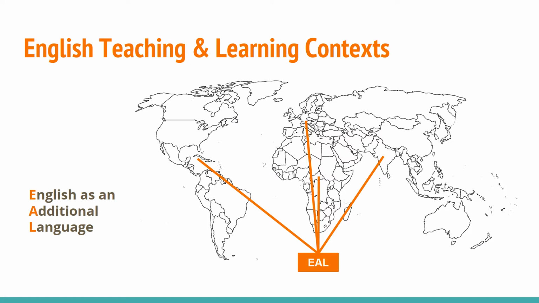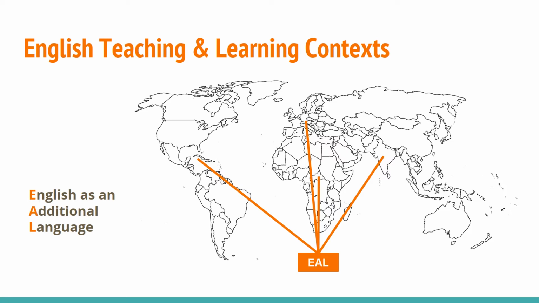The English as an Additional Language, or EAL context, includes countries where English has been used as a lingua franca among many languages, or where it has equal status with another language, and many citizens speak it alongside one or more other languages.